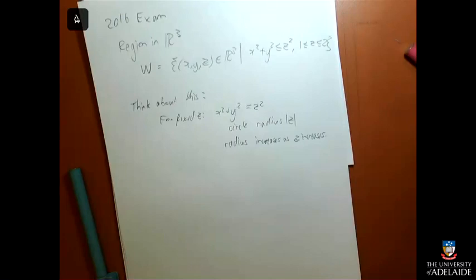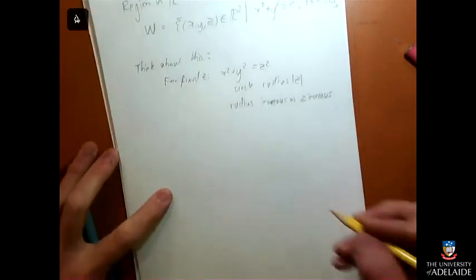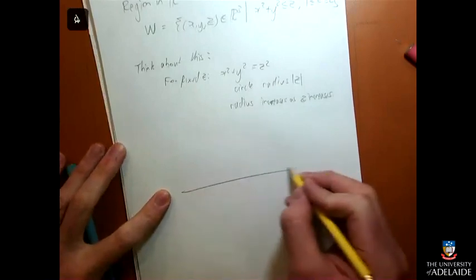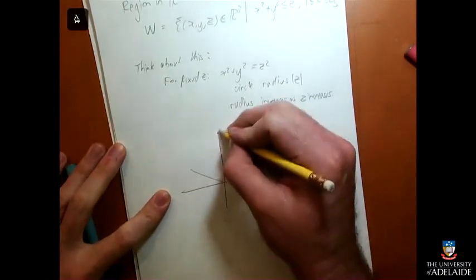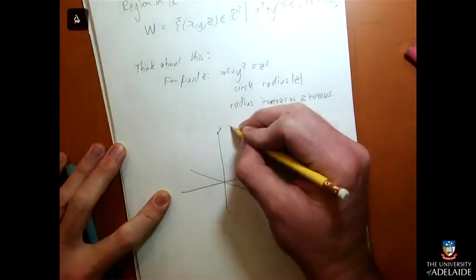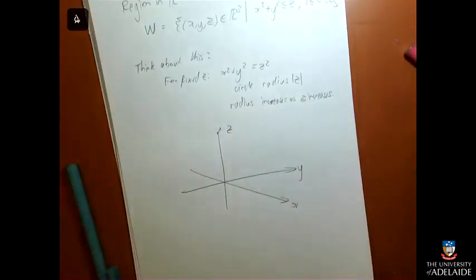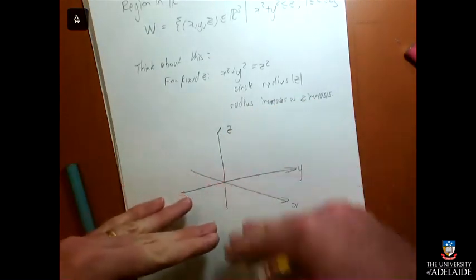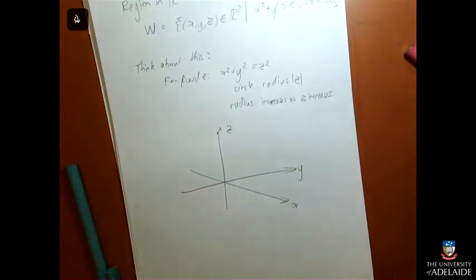Okay, so that's what it is. I'm thinking it sort of goes like this. This is supposed to look like it's flat and then the z goes up from there. When z is 0, I get a circle of radius 0, which is just the origin.